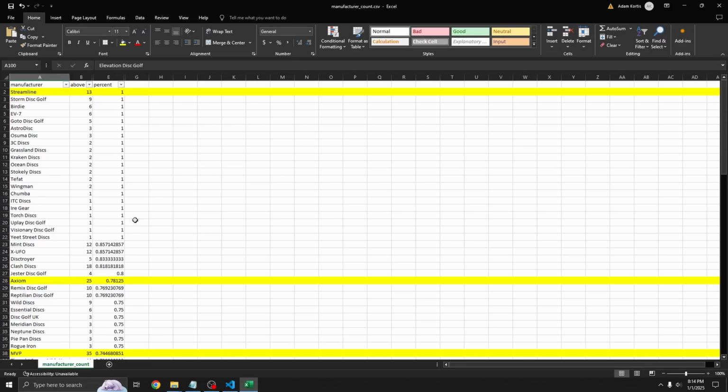The one key thing I like to look at, or the interesting point that stuck out to me, is that the MVP brands seem to be higher on average compared to all other brands, which is also interesting because they have the overmold technology. Now, I don't know if in manufacturing they need to make wider rims to put the overmold on, but they claim the overmold technology is a denser material to help increase that angular momentum.